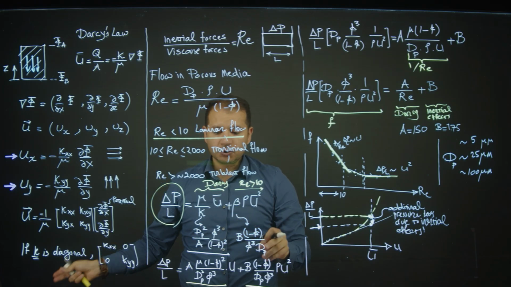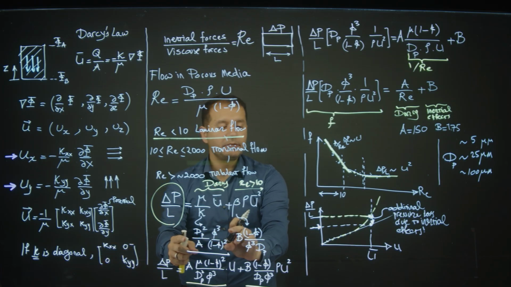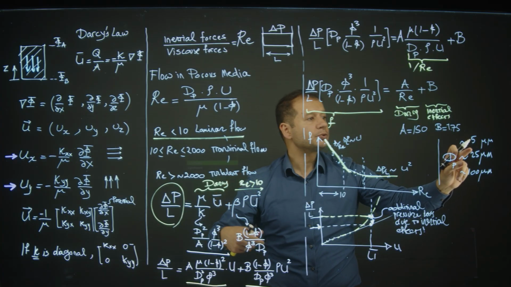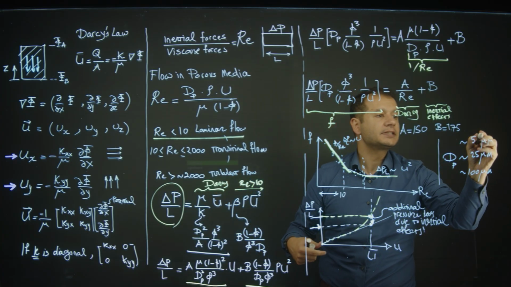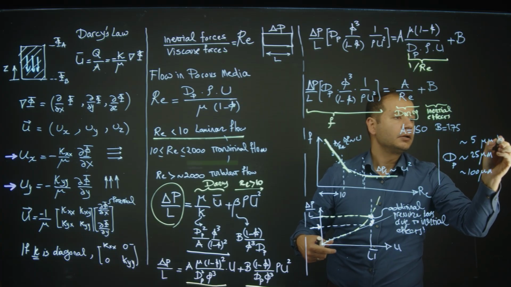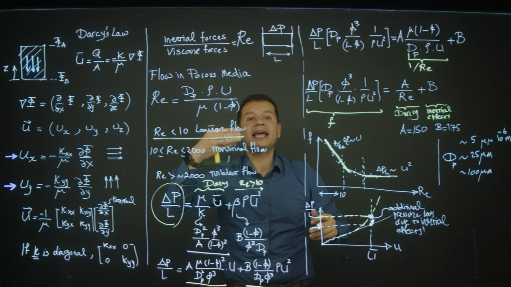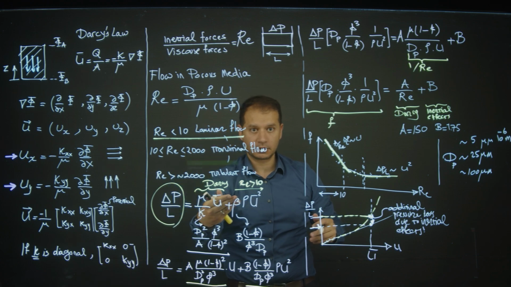So you see that when you calculate the permeability, you need to do dP to the power 2, which means a micrometer, which is 10 to the power minus 6 meter, will be squared, which will be 10 to the power minus 12 square meter.